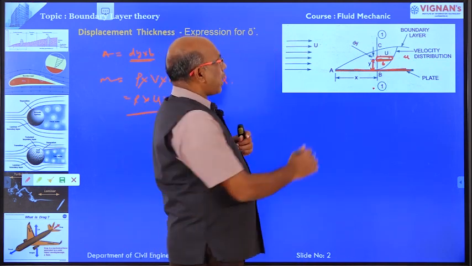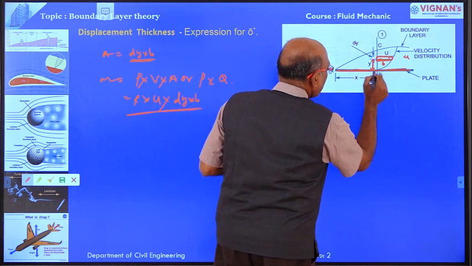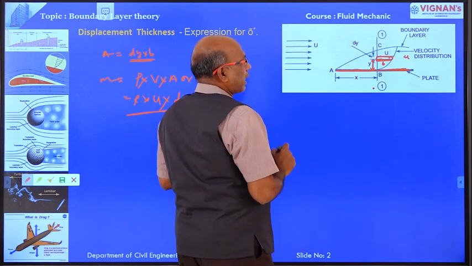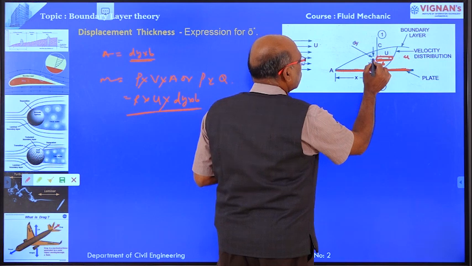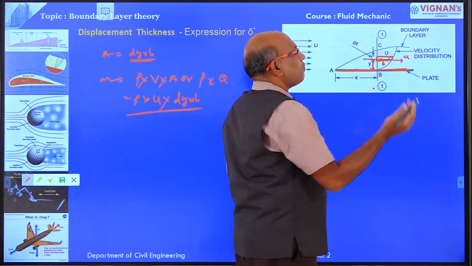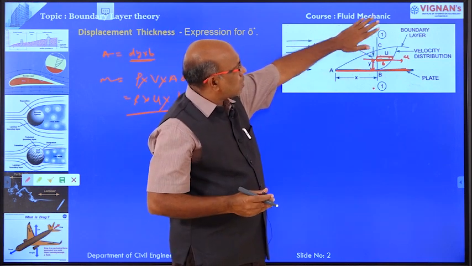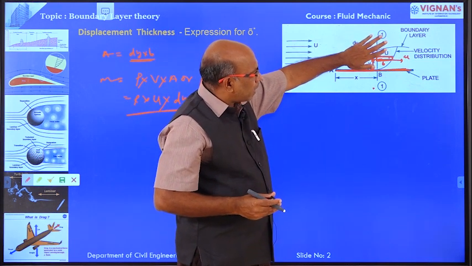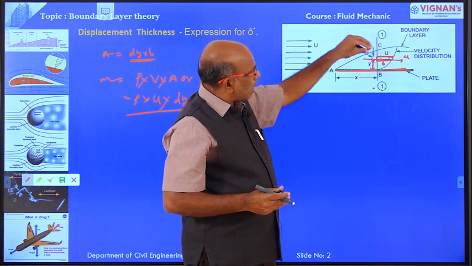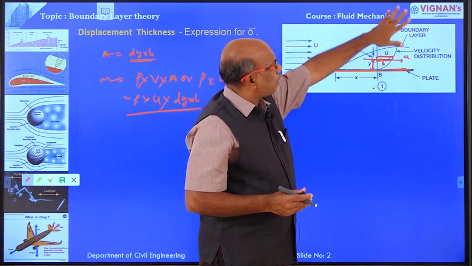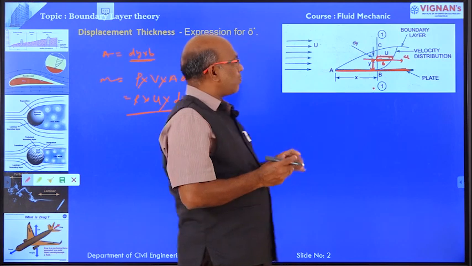If there is no boundary here, automatically the velocity flowing through this strip is the free stream velocity. There is no boundary formation here. In that case, the velocity through the strip is equal to the free stream velocity, that is capital U.